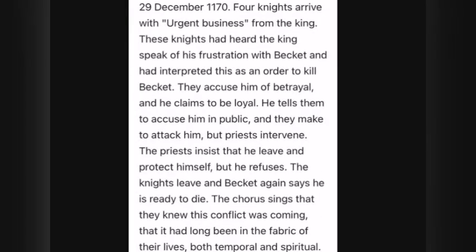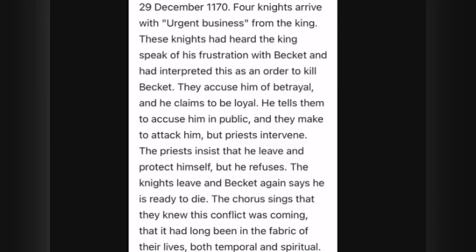Now, Part 2 of the play takes place in the Archbishop's Hall in the cathedral on the 29th of December 1170. Four knights arrive with urgent business from the king. These knights had heard the king speak of his frustration with Becket and had interpreted this as an order to kill Becket.